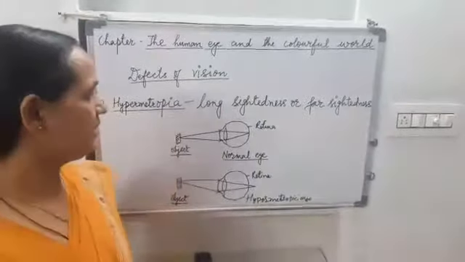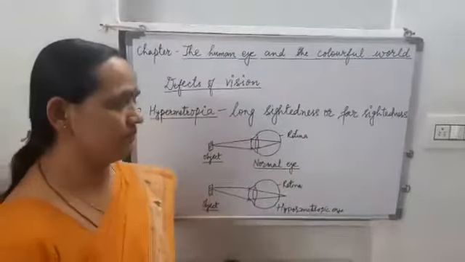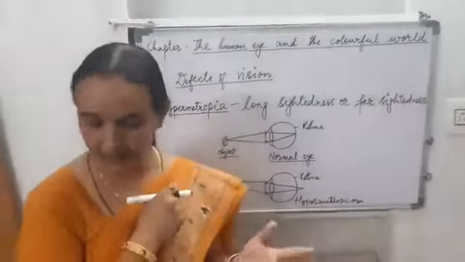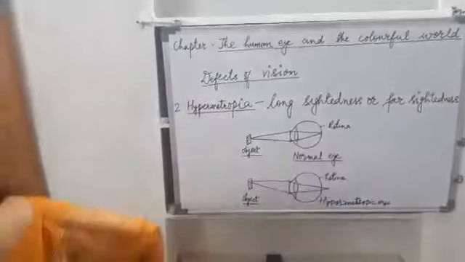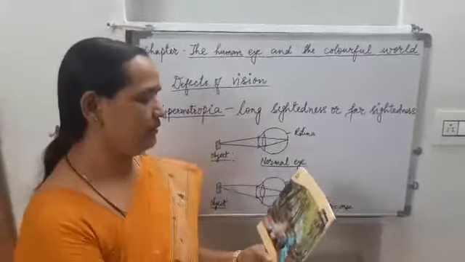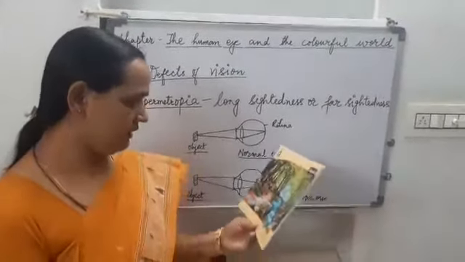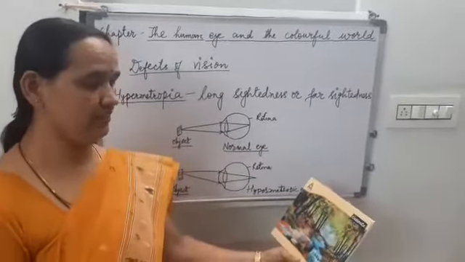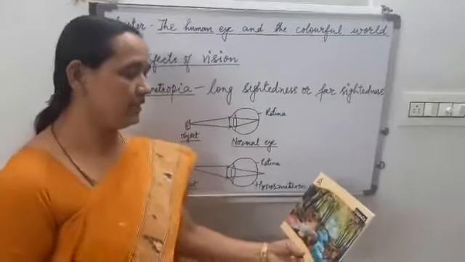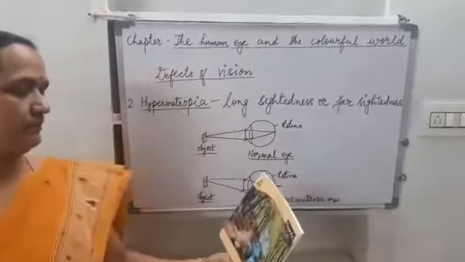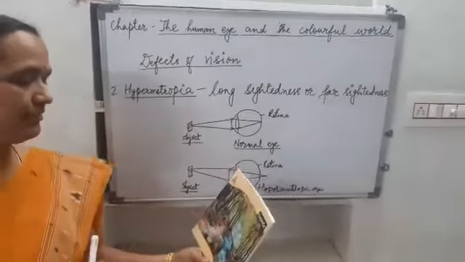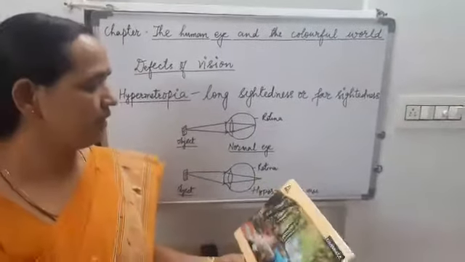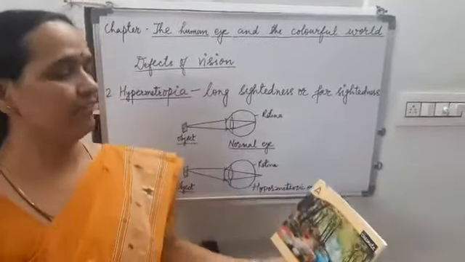You must have seen people suffering from this hypermetropia. When they read some text, they keep the book slightly away from them to have a clear vision, because for a normal eye the near point is 25 centimeters, but in case of hypermetropic people the near point recedes away.